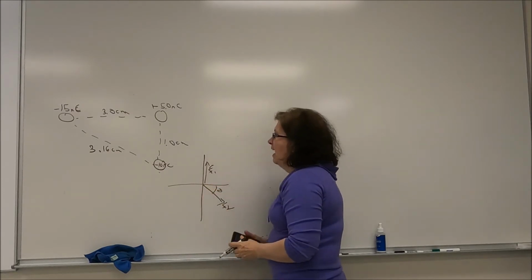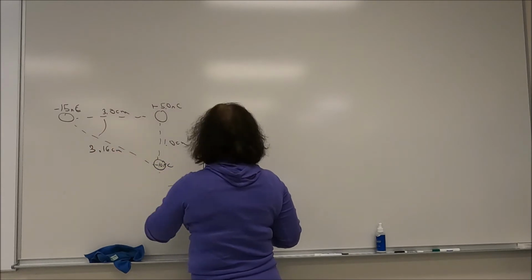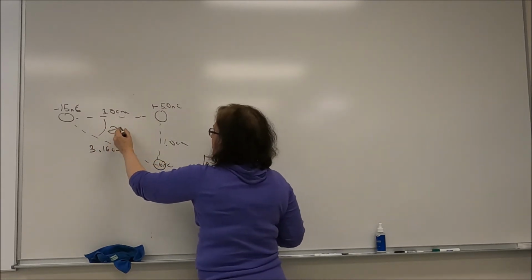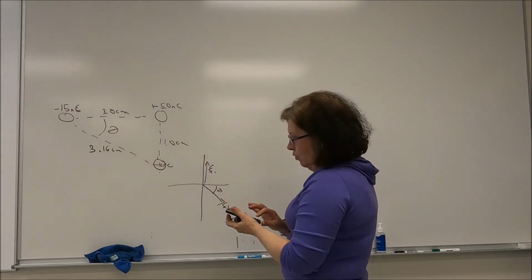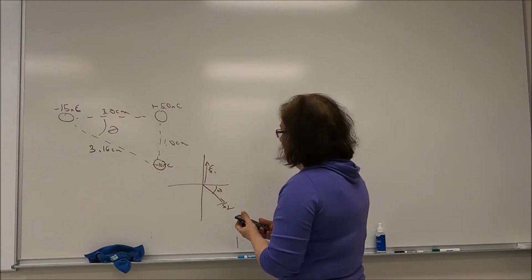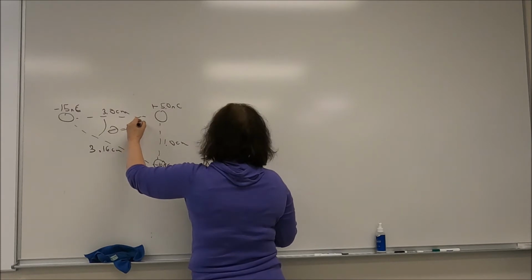Now I want to get that angle theta. This angle theta is going to be the same thing. So if I use 1 divided by 3, inverse tangent, then theta here is 18.4 degrees.